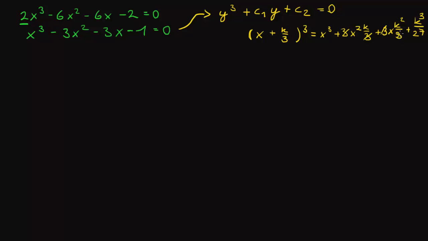So these cancel out, and what we're left with is 3. So we know that x plus k over 3 to the third power is equal to x to the third plus x squared times k plus x times k squared over 3 plus k to the third over 27.